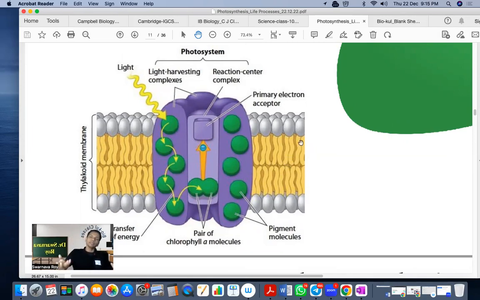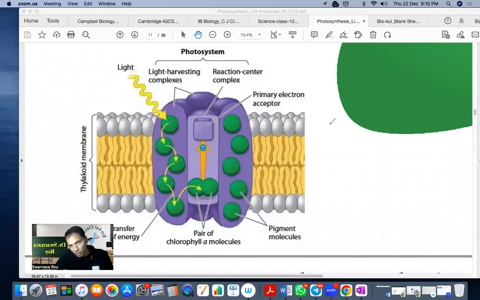So we know that this is basically the phospholipid bilayer. This is the polar head, and then we have a fatty acid tail. This is the same lipid bilayer which we see in the plasma membrane of a plant cell or an animal cell.